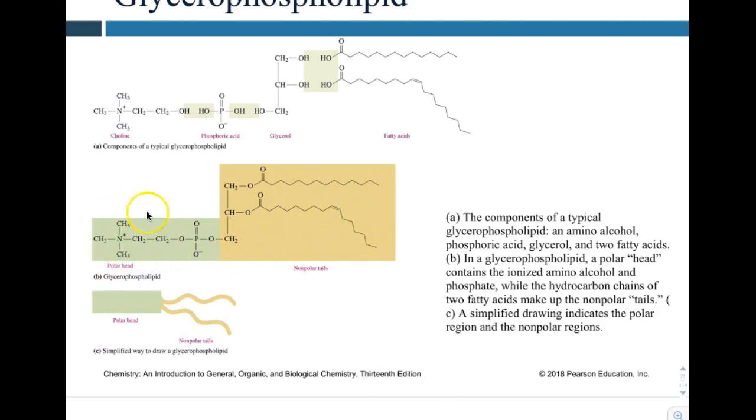So we call this the head, and we call this the tail because it's got these long carbons kind of trailing. So we'll say this is the polar head of the phospholipid, and we've got this non-polar tail of the phospholipid. So it's a very simplified way of looking at it, but that's how you should think about it because that's how we're going to make cell membranes.